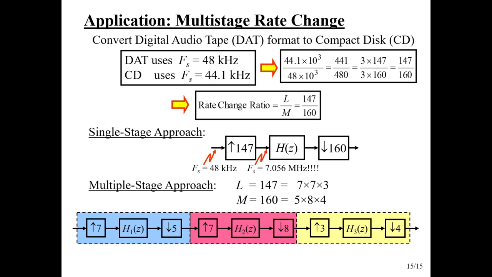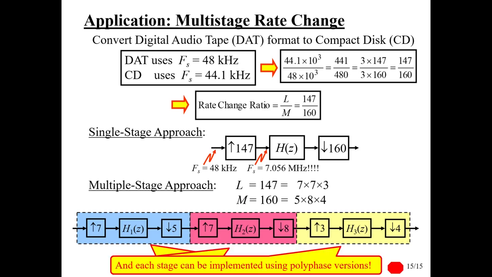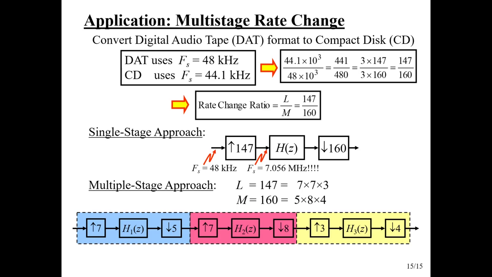And now if we go through this, I don't actually track this, but you could track through to see what the sampling rates are at each position. So how fast does this filter need to work? Well, we go up by 7. So it's 48, goes up by 7.